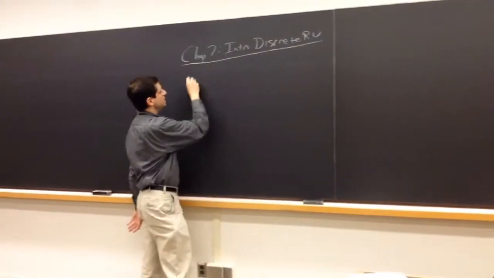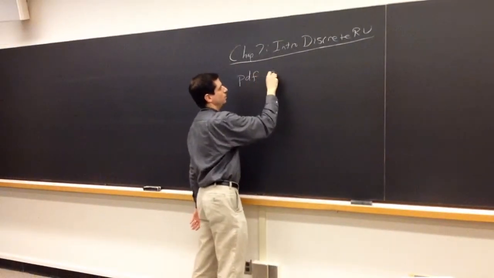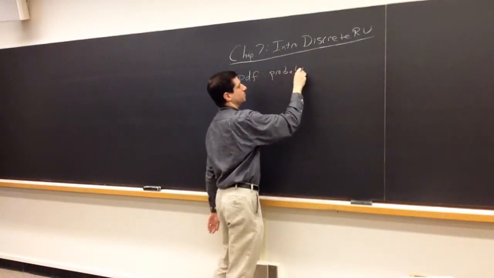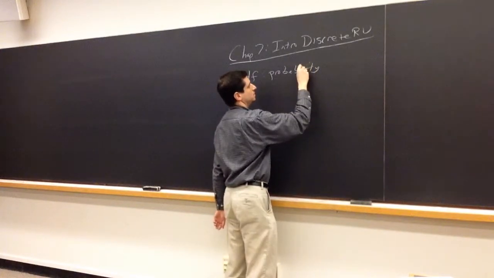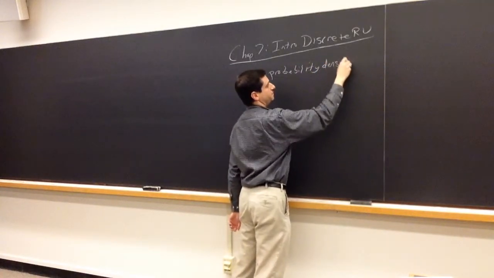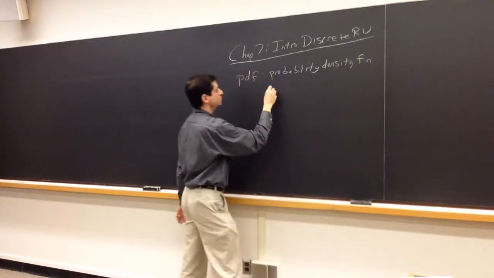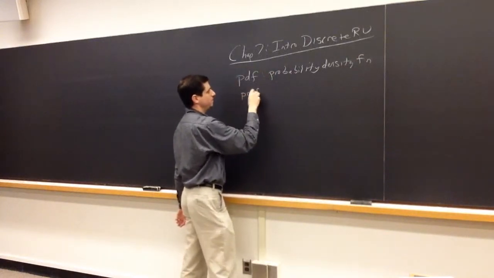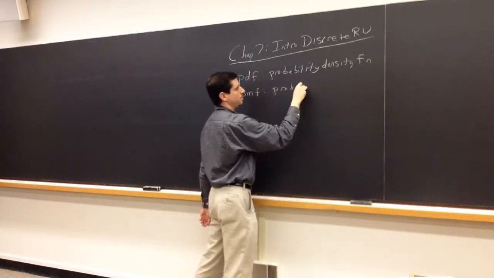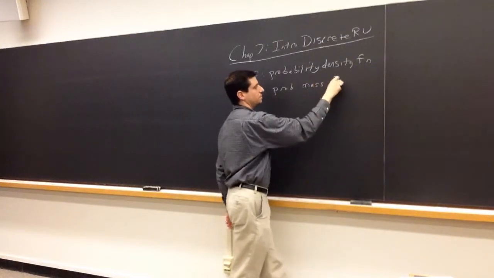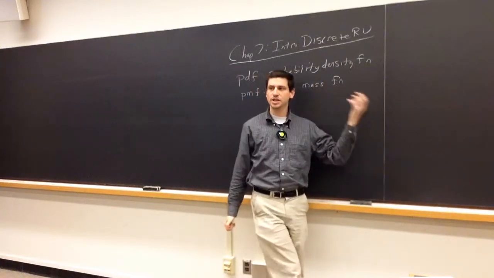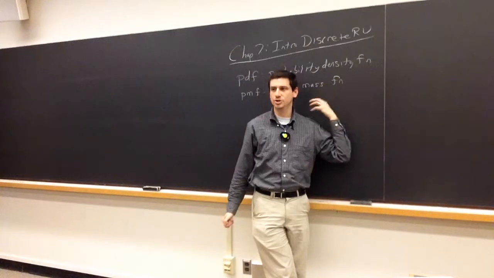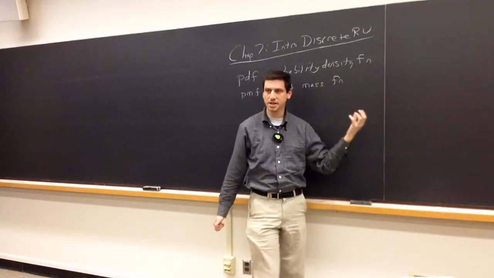So the other abbreviations is PDF for probability density function. And we often use instead maybe PMF for the probability mass function. And you should think of this as associating a probability to a discrete set of events. It has to sum to 1.